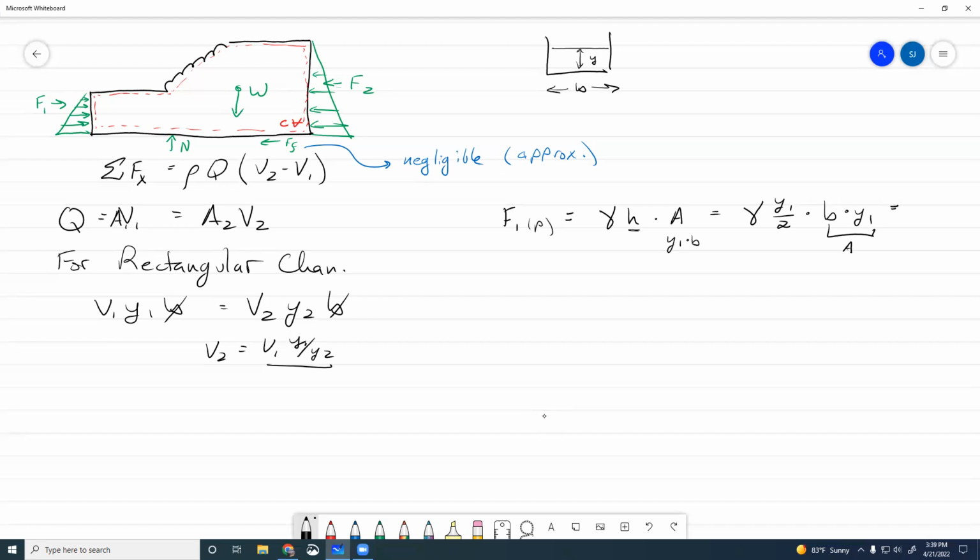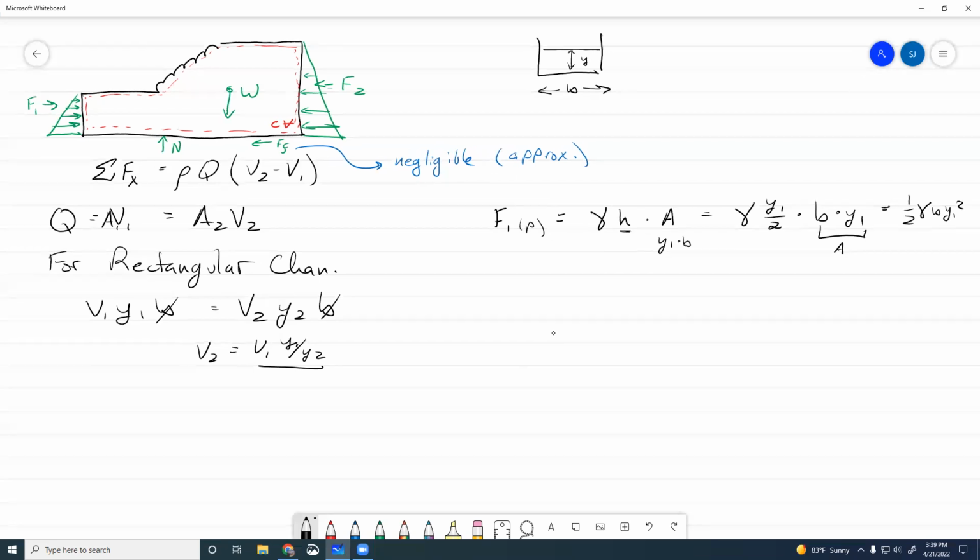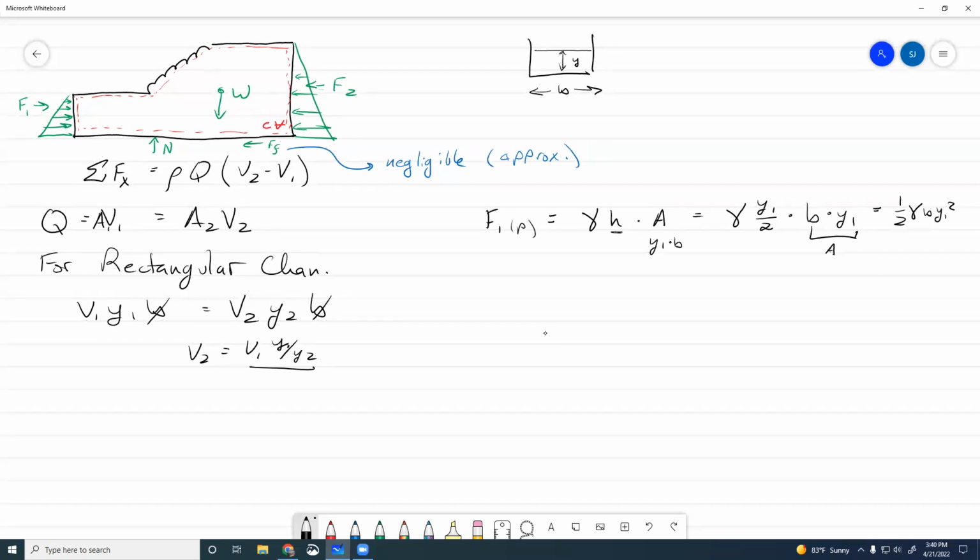And so that's going to end up being 1/2 gamma B y1 squared. And then we can do the same for F2. And that's going to be 1/2 gamma B y2 squared.